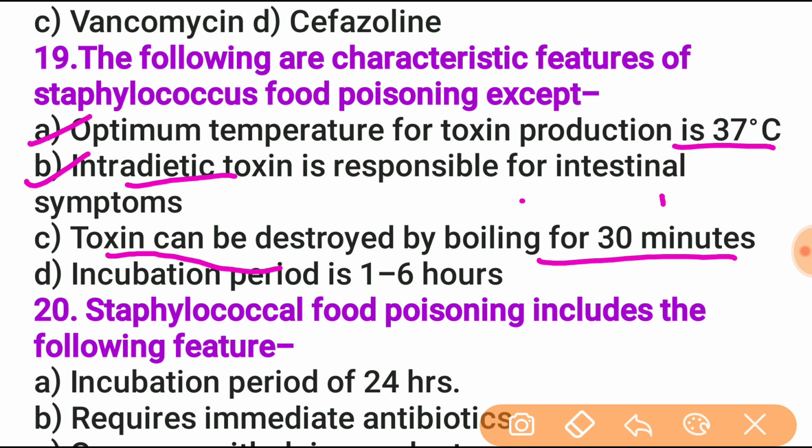It can't be destroyed, so this option is wrong. Next is incubation period is 1 to 6 hours. This is also right. So the correct answer for this is toxin can be destroyed by boiling for 30 minutes.